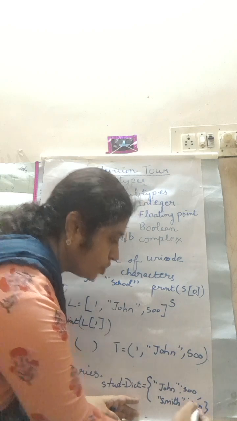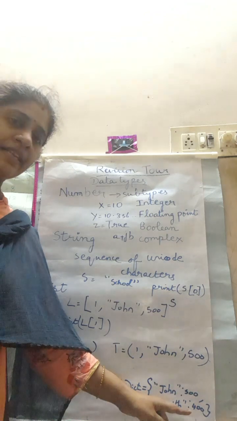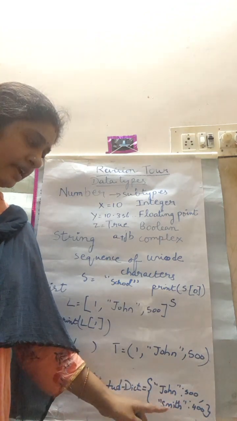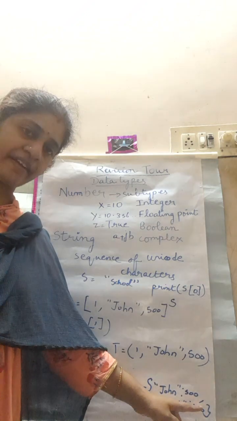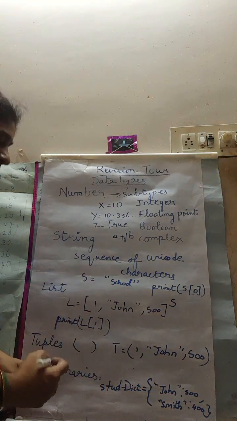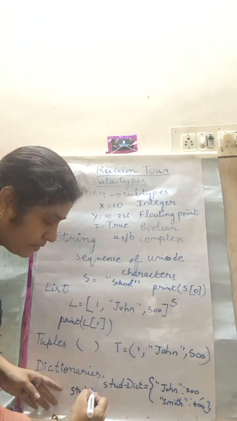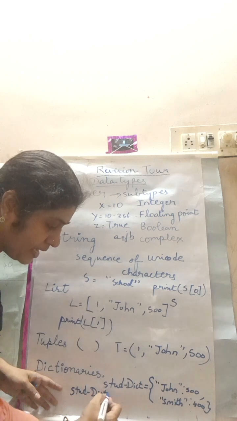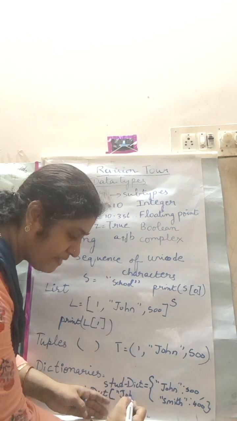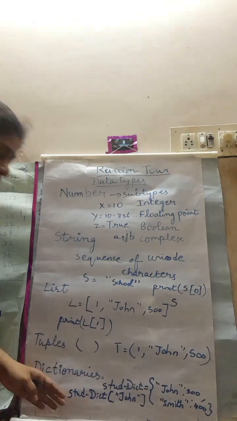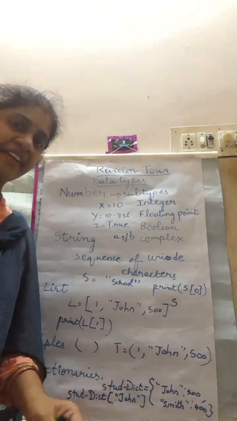I am storing two students, where the key is John and his marks are 500, and the next key is Smith with marks 400. If I want to access, I can write stud of John, specifying the key, and the answer would be 500.